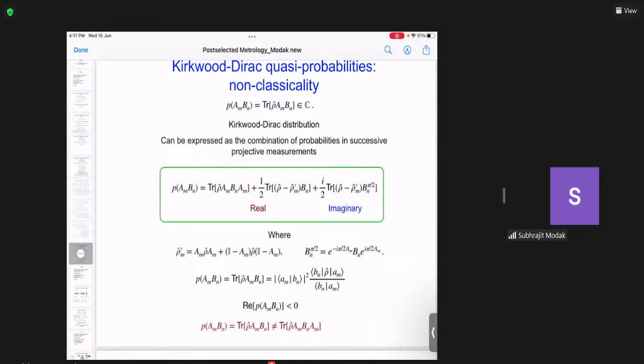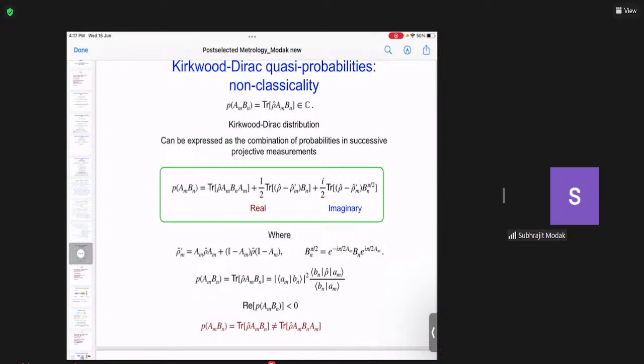So now you can see what I will conclude, as I have stated at the very initial: the real value of the quasi-probability distribution, which is the Kirkwood quasi-probability distribution, need not be negative to have some non-classical advantages.